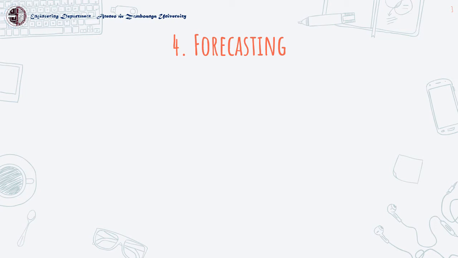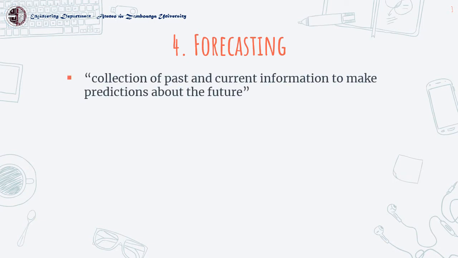To be able to make an effective decision on the capacity, the engineer manager must be provided with data on the demand requirements for the next 12 months. So this is in the future. This type of information may be derived through forecasting. Forecasting is defined as the collection of past and current information to make predictions about the future.